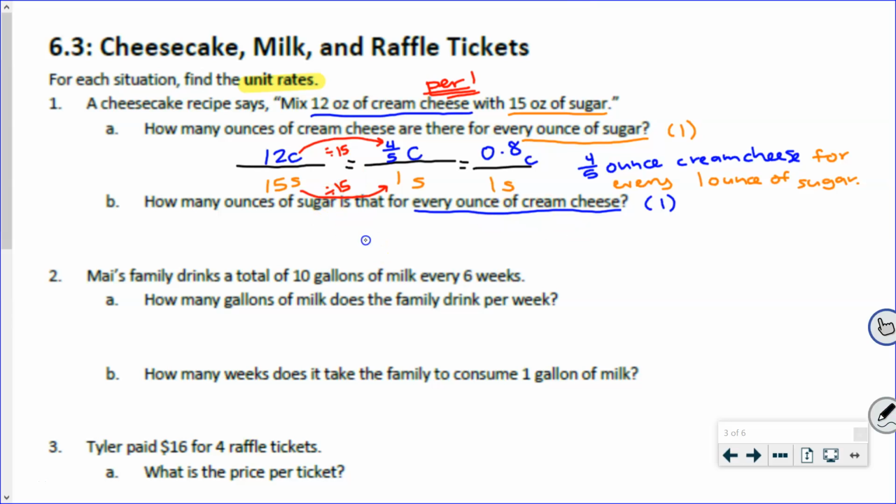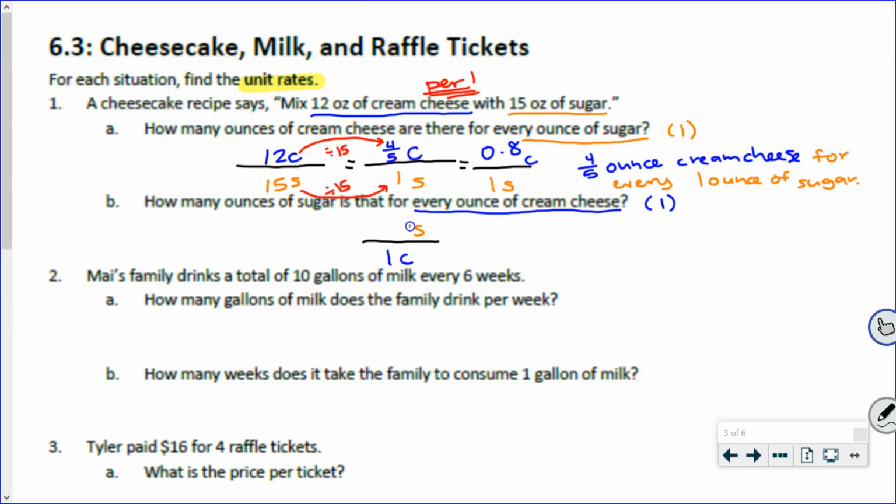And remember, we like that 1 to be on the bottom because that's what that per 1 or that unit rate means. So this time I'm going to set the 1 up on the bottom, but I'm going to be using cream cheese because it says every 1 ounce of cream cheese, so 1 C or 1 cream cheese on the bottom. And knowing that cream cheese is on the bottom, that tells me, of course, that sugar is going to be on the top.